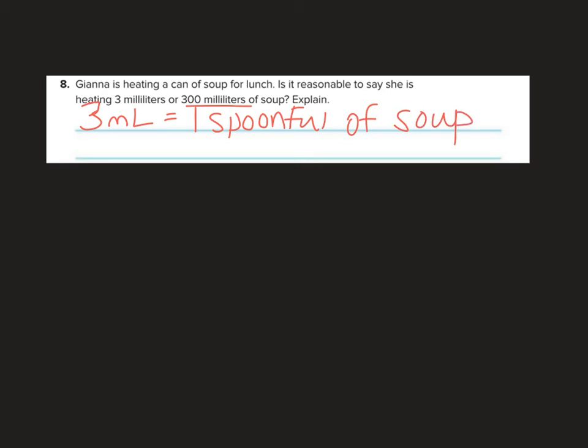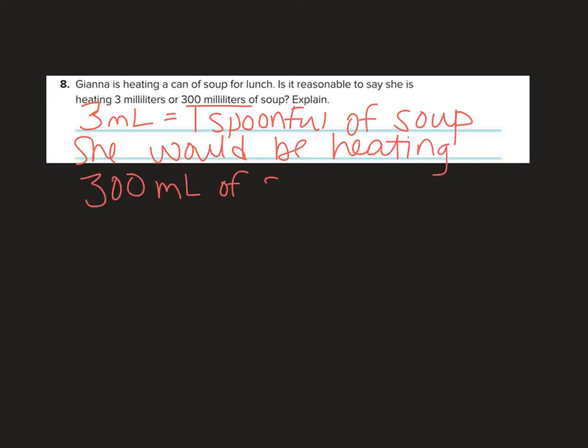That wouldn't be much. That'd be like 1 bite would be 3 milliliters. Do you heat 1 bite of soup at a time? No. So she would be heating 300 milliliters of soup. Okay.